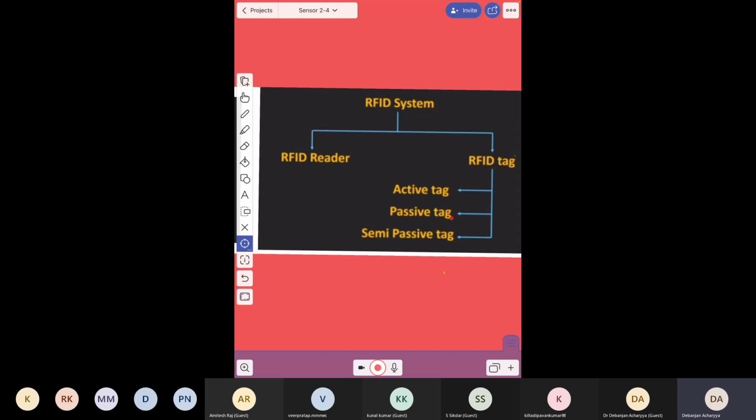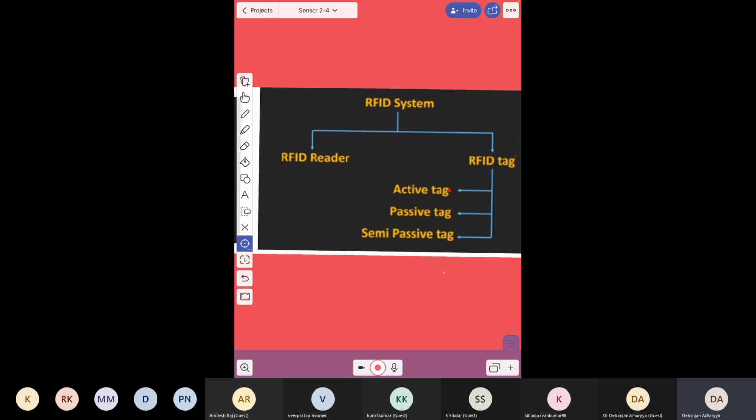In the case of a passive tag, there is no power supply. Whatever radio waves come into the RFID tag act as an energy source for the passive tag and energize it. Due to that energization, a reflected wave is created, and that reflected wave is read by the RFID reader to detect an object.